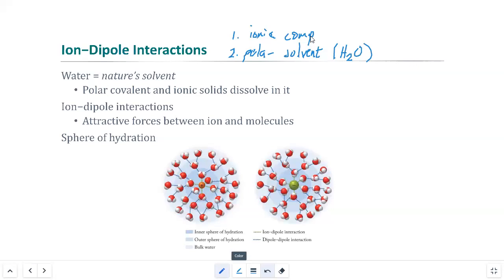And so what we end up seeing is that these ions are capable of attracting far more than just, oh, I've got a couple of waters around me. Because that's kind of how water is. Water can attract a couple of water molecules to itself, but it kind of ends there.